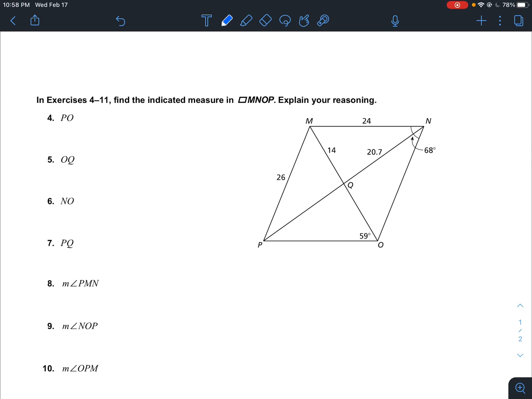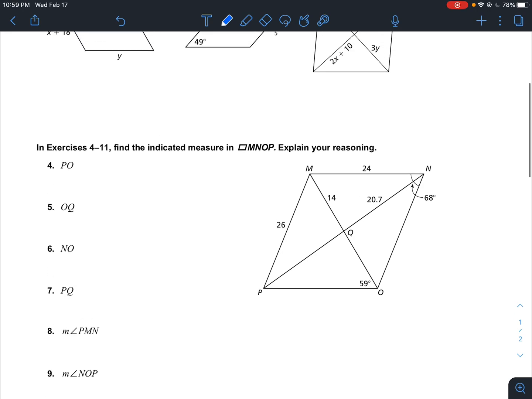So there are four theorems that we know. Now make sure that you have that other page of theorems, but we know one, that opposite sides are congruent. Two, opposite angles are congruent.